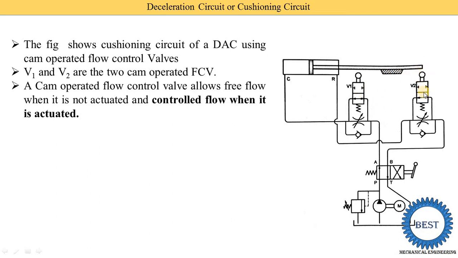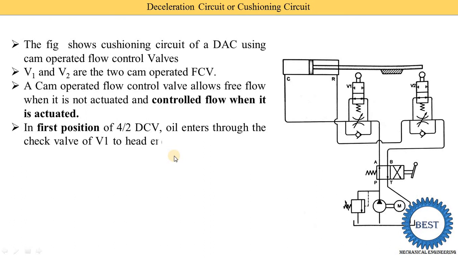When V1 and V2 are not operated or not pressed, they are free flow, meaning they are not able to control the flow rate. They control the flow rate when actuated, meaning when the cam presses the V2 valve, they start to control the flow rate of the oil. How they control that, we will discuss during the working.